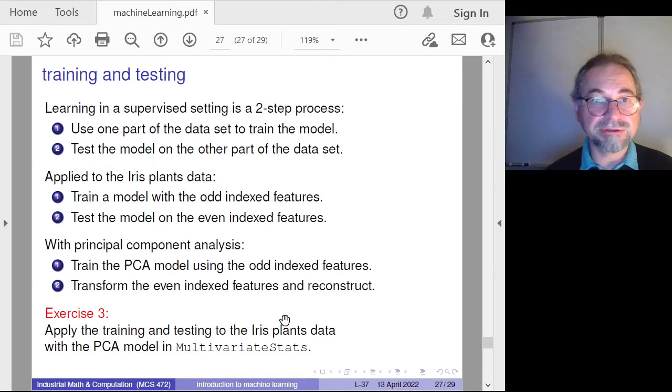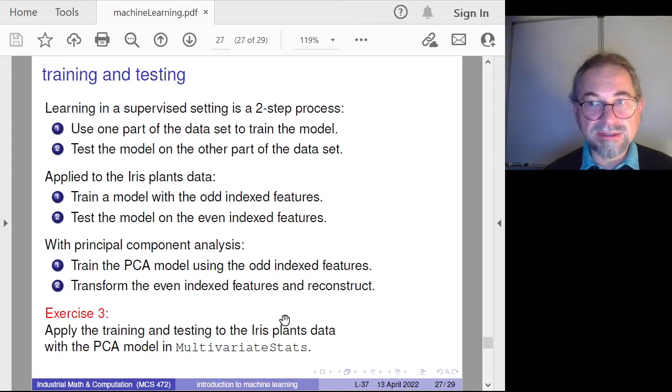So here is a suggestion, and I will suggest this as an exercise. So take the odd indexed features. So that means that from the matrix capital F, you select all the odd columns. There is a nice way to do this with slicing in Julia. That will be your training. So you will train and then you will reconstruct. So you will transform the features and then you will reconstruct the observations from this.